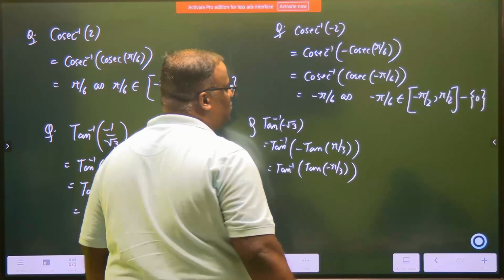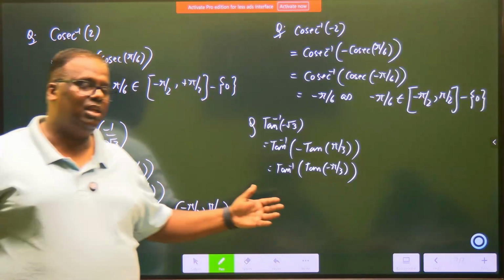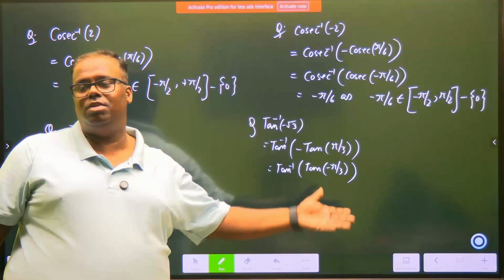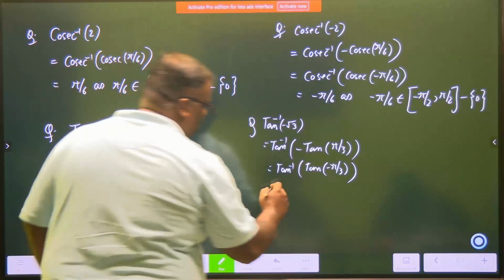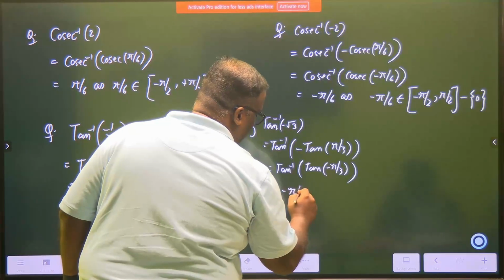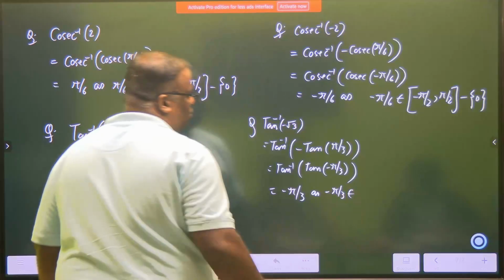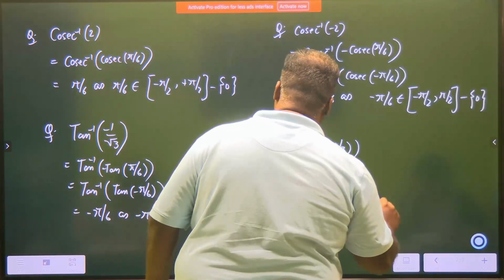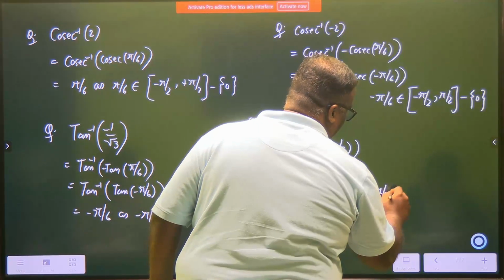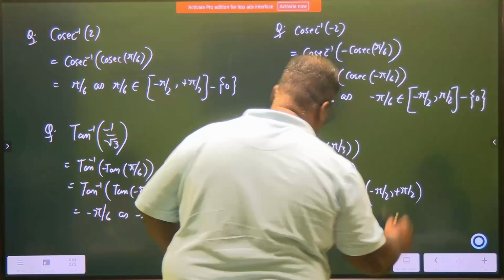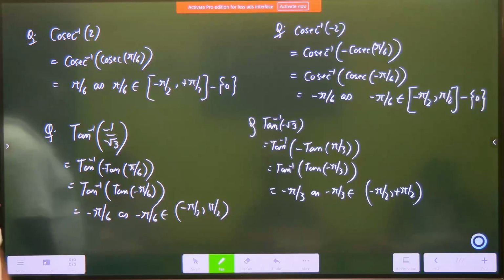So see, life becomes so easy. Now you have understood. Pi by 3 is any day smaller than pi by 2, so it will always be inside that tan range. So it goes as negative pi by 3 belongs to the interval, what? We are doing it for tan. So for tan it will be negative pi by 2 to positive pi by 2, but with circular brackets or curved brackets. Right?